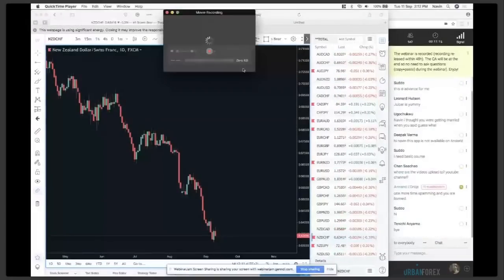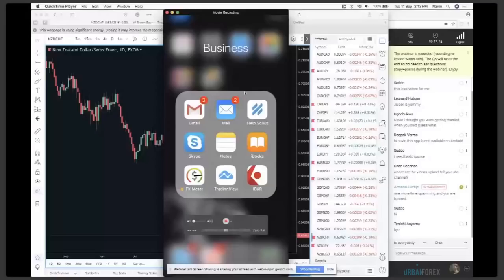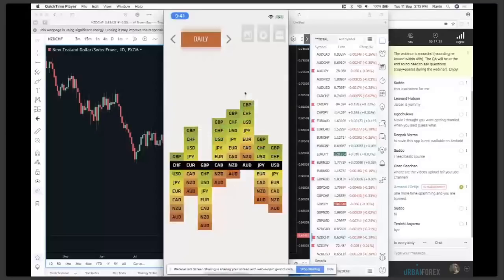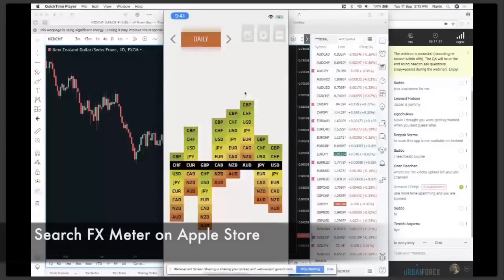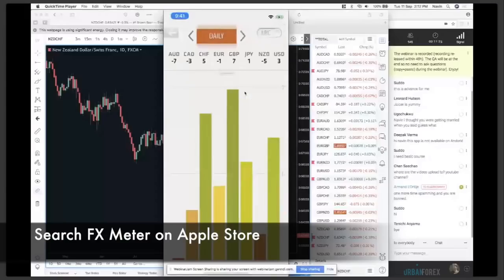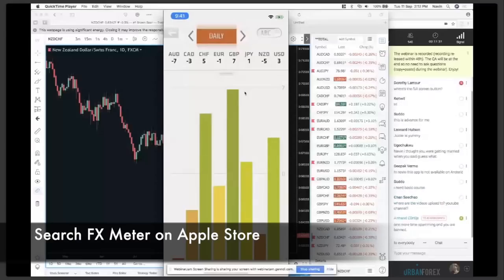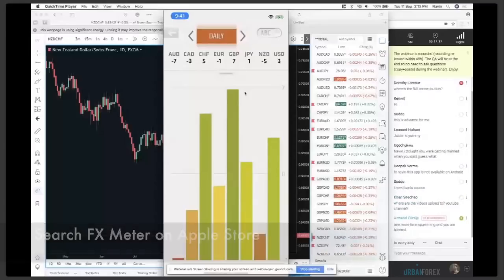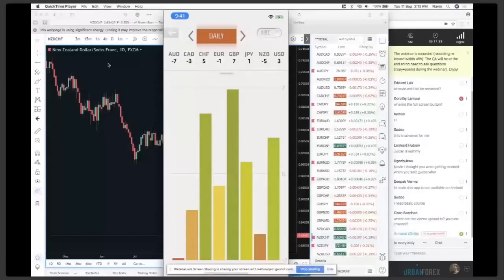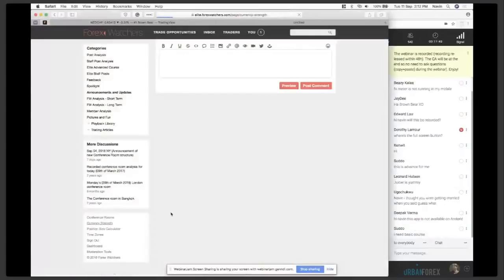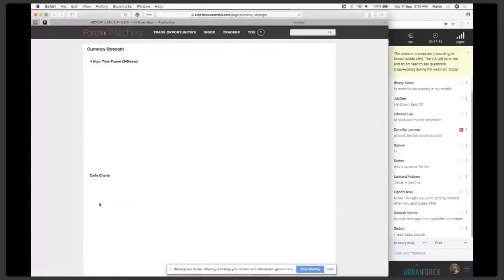Here we are. So if we look at today's strength meter, we can clearly see New Zealand is a -5, Aussie is a -7. This is something we're using ourselves in the elite community. So for us in the elite community, this is the style that we look at it as. Here we go. It looks like this.